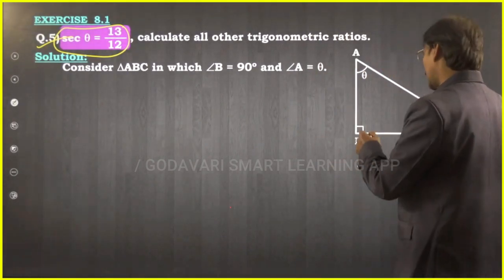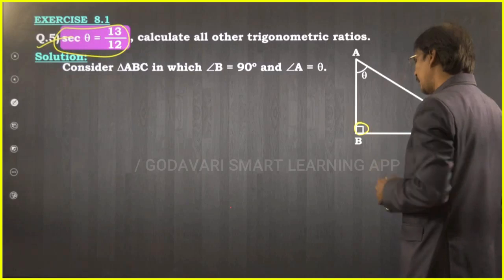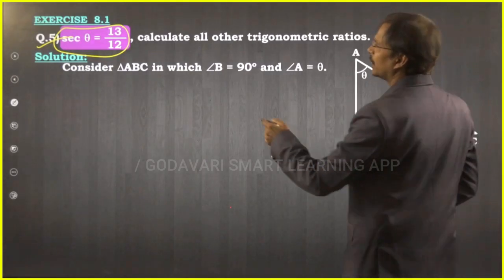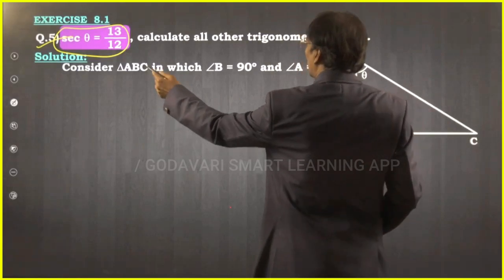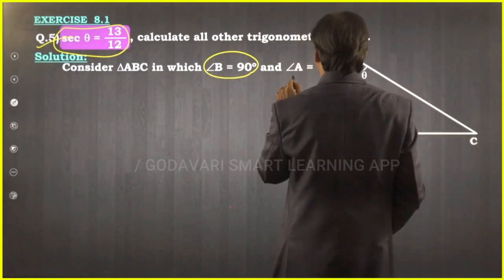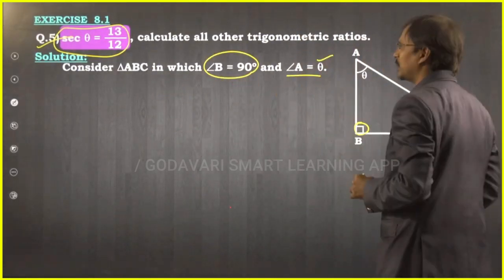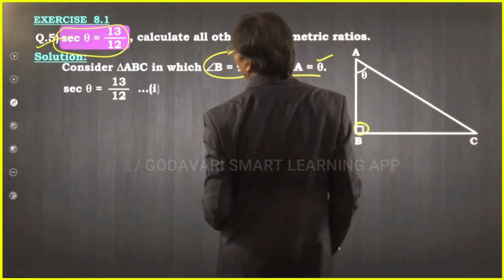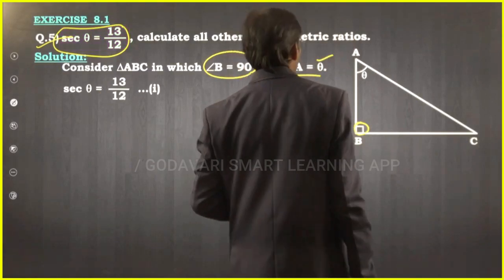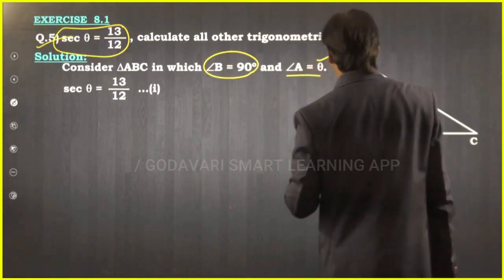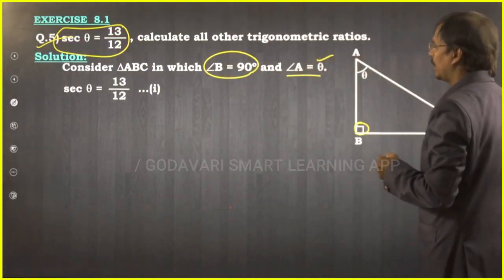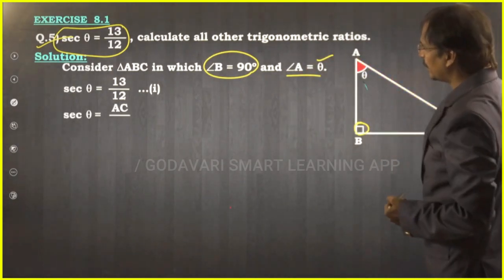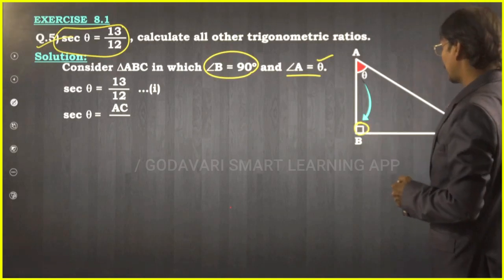So let us suppose the right angle at B. AC is the hypotenuse. So consider the triangle ABC in which angle B is equal to 90 degrees and angle A is equal to theta. Here given secant theta is equal to 13 by 12. Secant theta is nothing but, according to A, the hypotenuse by adjacent side.